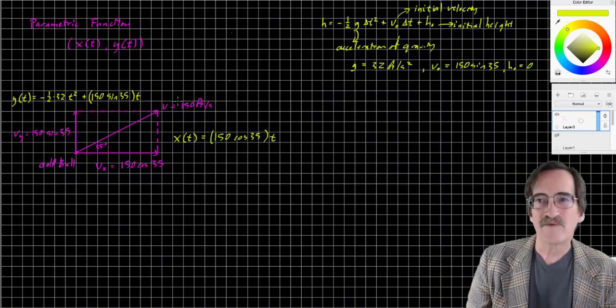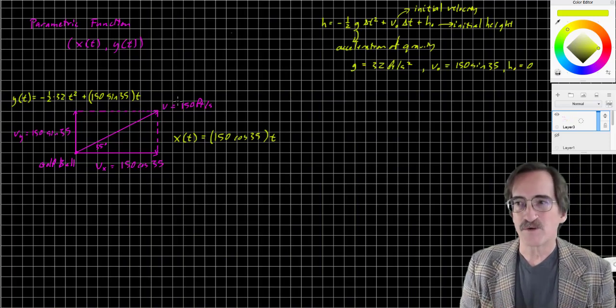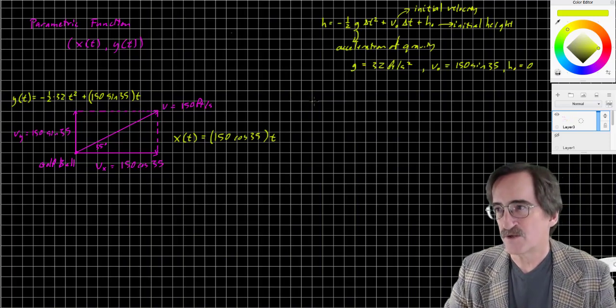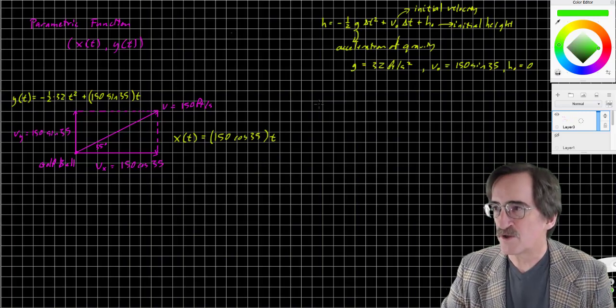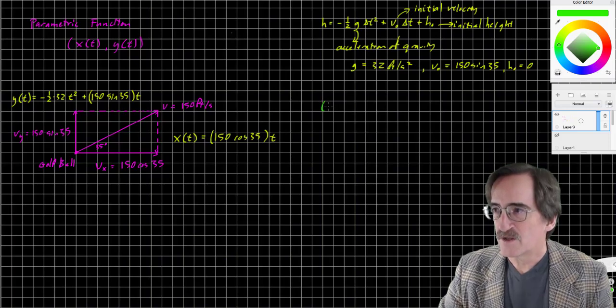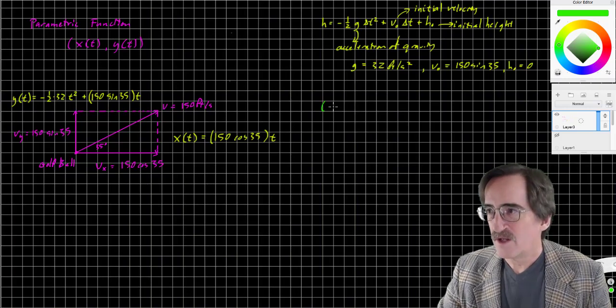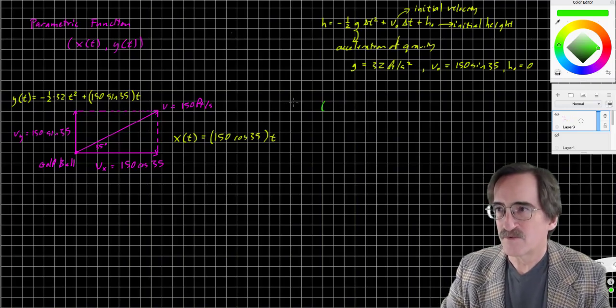So we have a y component of our motion and we have an x component of our motion. Now if we combine those two things, we can create what's called a parametric representation of what's going on. The position at any given time is x of t, y of t, right?